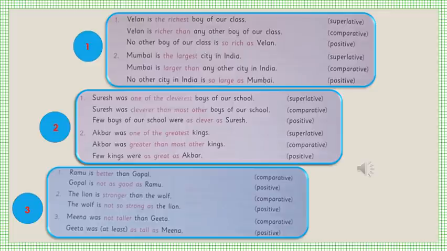Positive degree: the wolf is not so strong as the lion. Last example, Meena was not taller than Geeta. Geeta was at least as tall as Meena. These are the three models given there in the text.